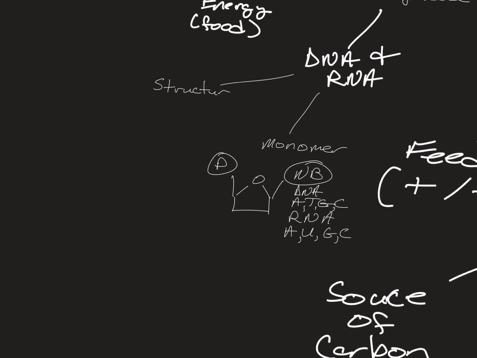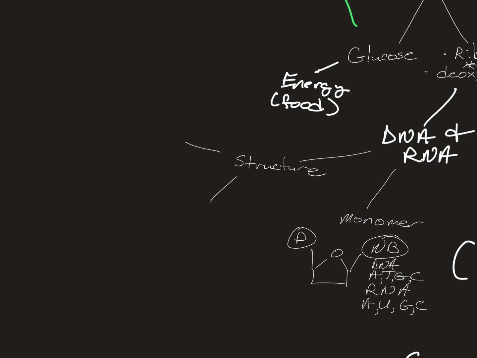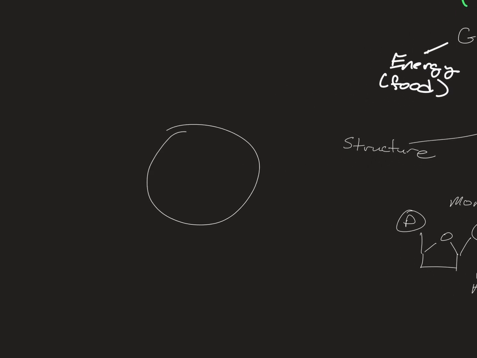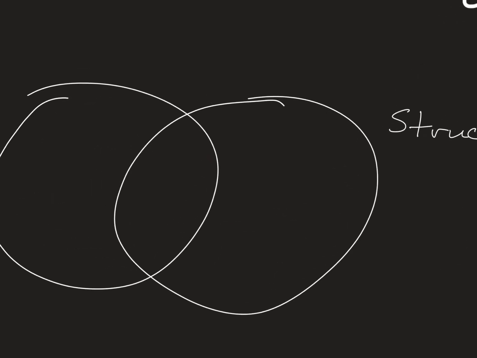We know that there's a difference in structure of DNA and RNA, and there are commonalities in both. So maybe it's best I do a Venn diagram for structure of DNA and RNA. They both have a phosphate sugar backbone.